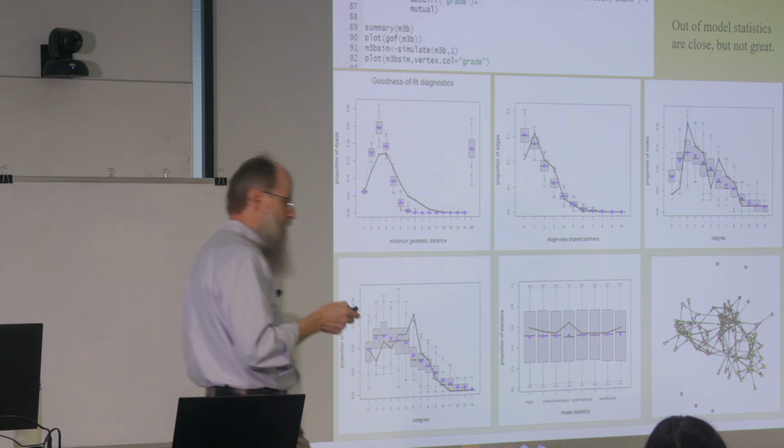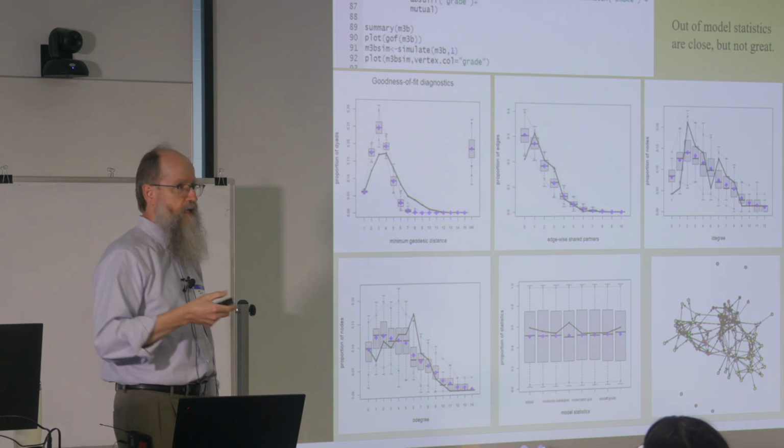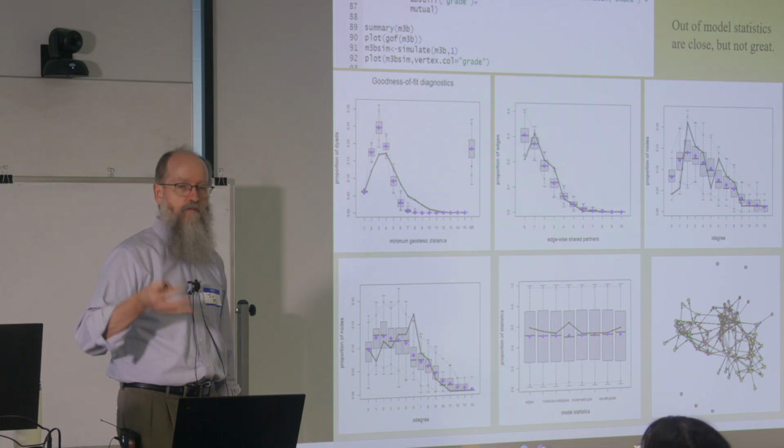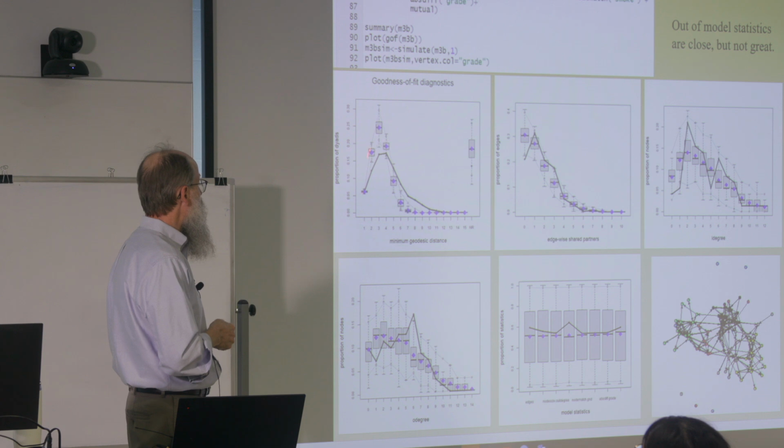And so if I have a model that has some homophily terms or something like that, then what I want to do is ask a question about the structure of the networks that this model is generating and say, does my model, these box plots here, capture these things that weren't originally in it?